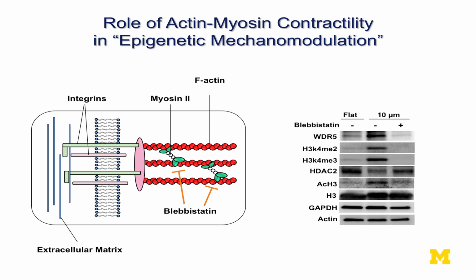So one possibility is, you can see here, the integrin links the extracellular matrix to the cytoskeleton, and the actin cytoskeleton, for example, could be linked to the nuclear lamin, nuclear matrix, and then linked to the chromatin structure.